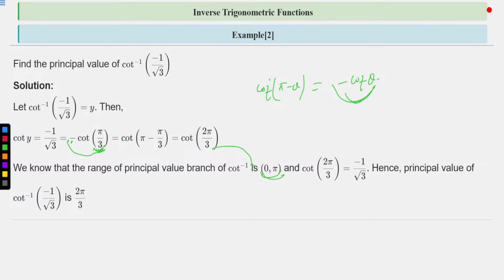So to remove the minus sign in minus cot pi by 3, we have written cot of pi minus pi by 3. Clear? So pi minus pi by 3 has become 2 pi by 3, right? Hence the principal value of cot inverse minus 1 by root 3 is 2 pi by 3. Got it? Okay.